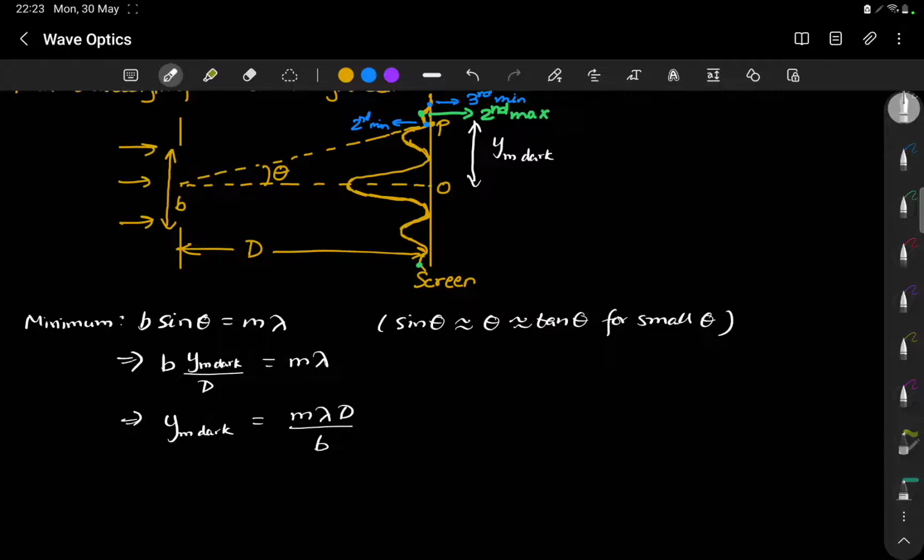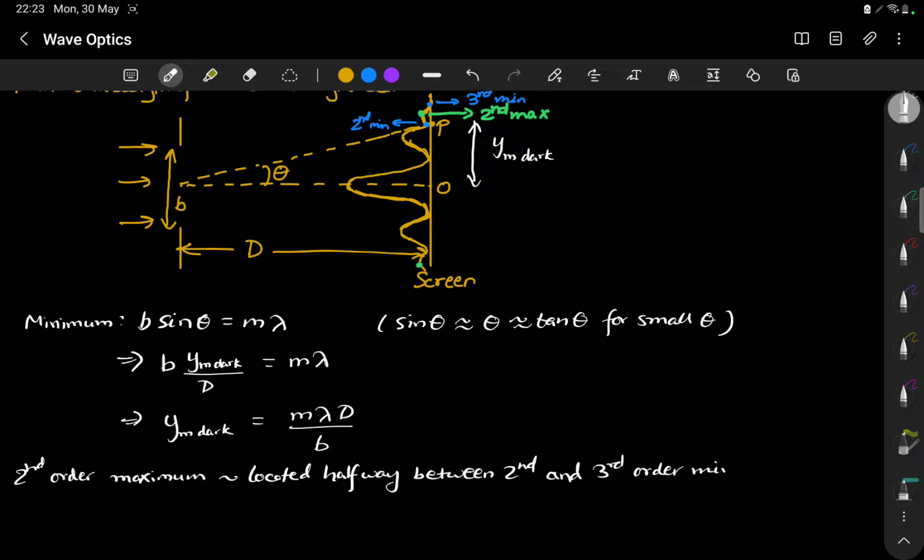So we have second order maximum is approximately in the middle of the second and third order minima.